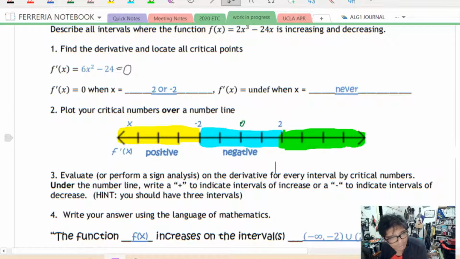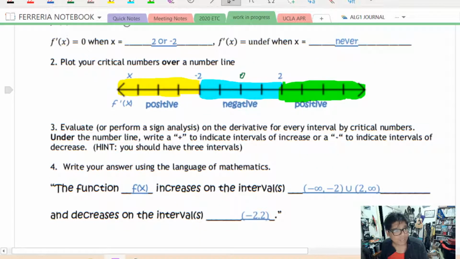If you actually subtracted that, you know you don't need to. So that's going to be a positive number. Okay. So those are our 3 intervals. Remember, since -2 and 2 are the only critical numbers, only critical values, there is no other place where the derivative can change from positive to negative or from negative to positive.